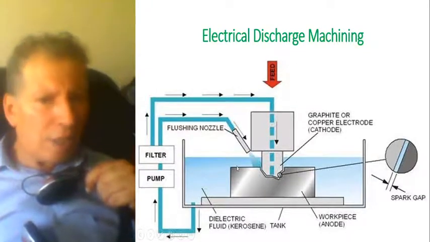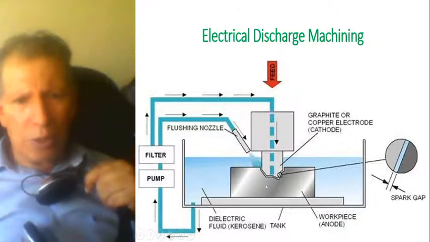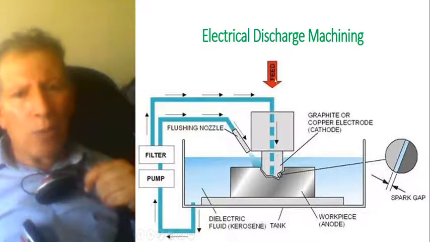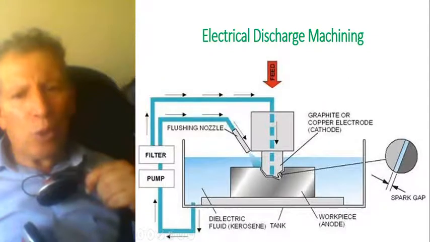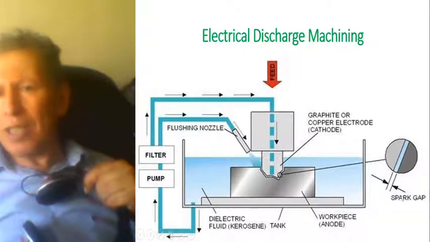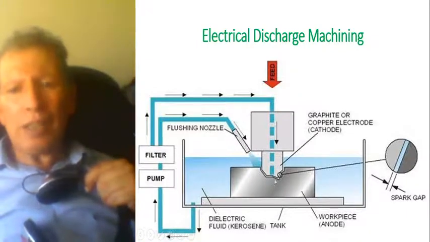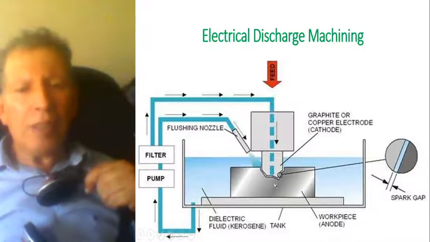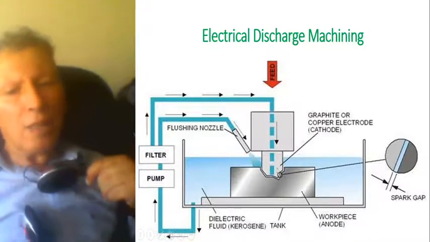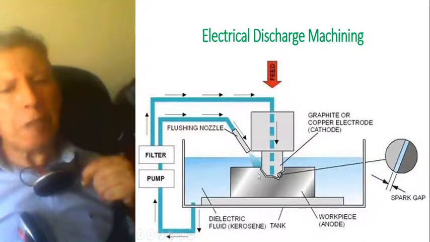So the liquid is necessary here. Flushing nozzle. So there is a nozzle which flushes, and of course the spark cuts into the workpiece to cut it ultimately. As you can see here, there is a gap between the cathode and the metal being cut. It's the heat produced by the spark which cuts through the workpiece.